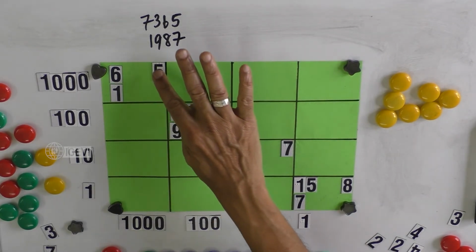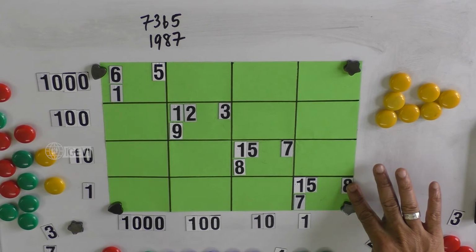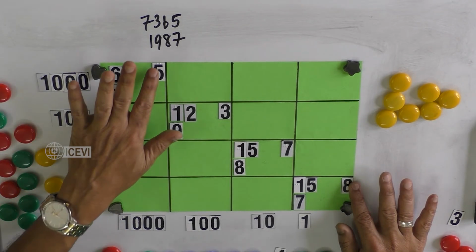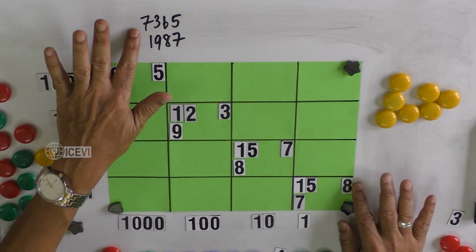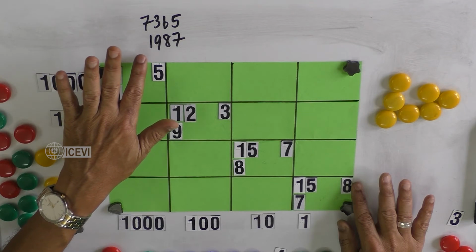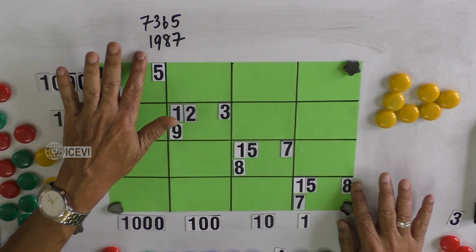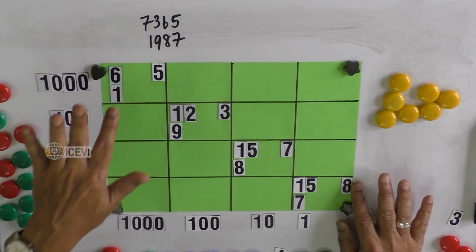So what is the resultant value? 5378. We started with the number 7365, and the number 1987 had to be subtracted from that number.